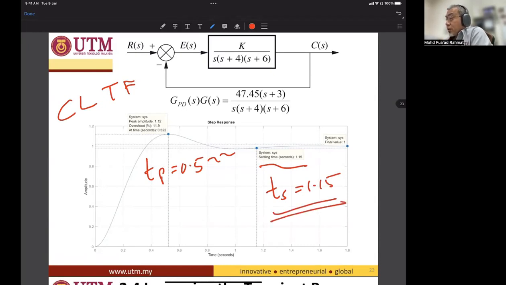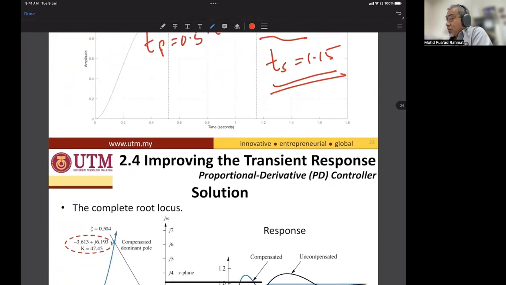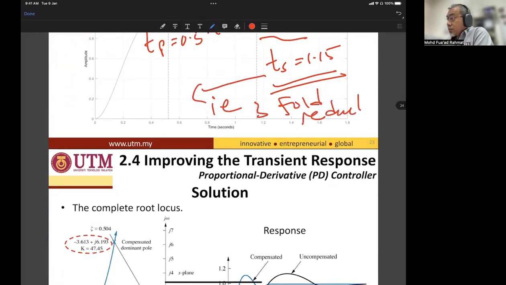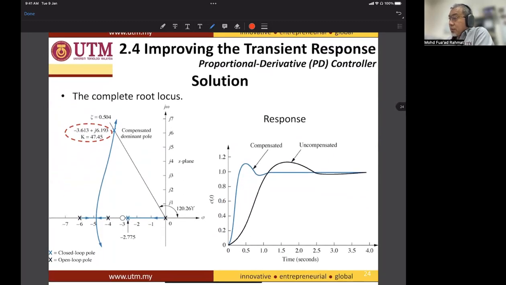So if you look here, we already achieve the design spec at Ts 1.15, that is, the 3-fold reduction. So the complete root locus is shown here. You can see that this one is before design, this one is after design.